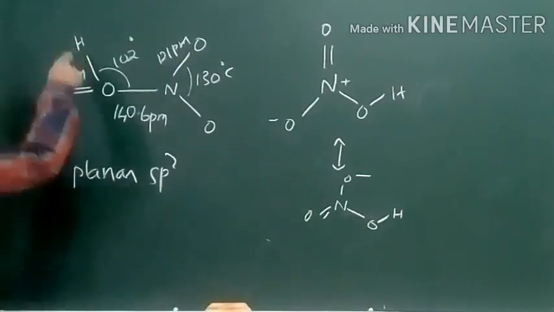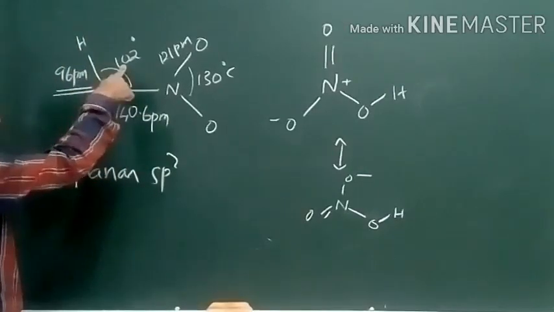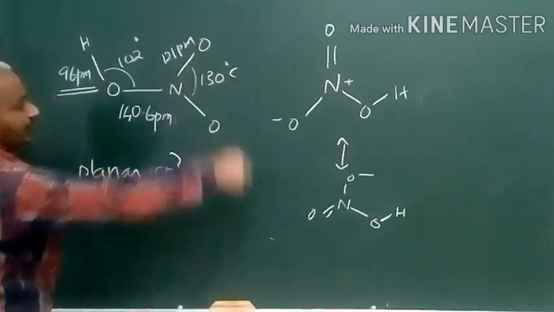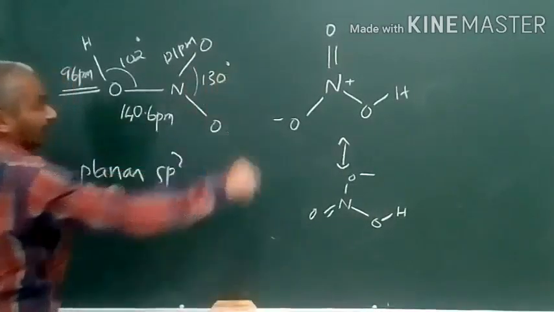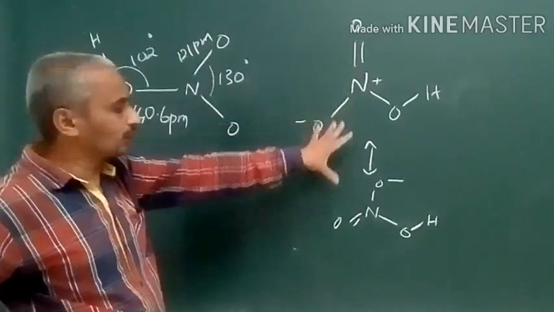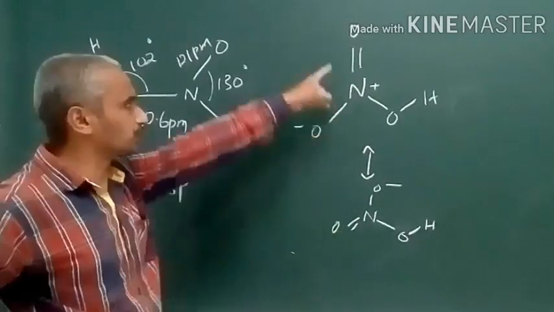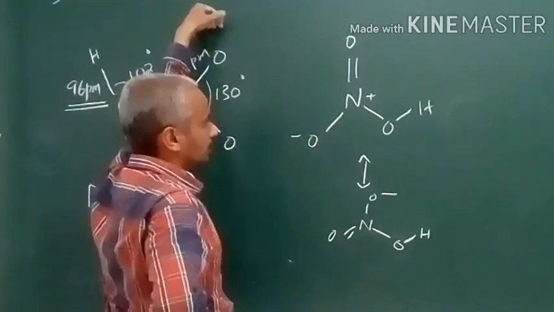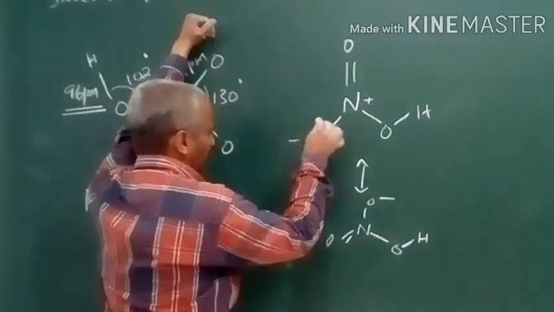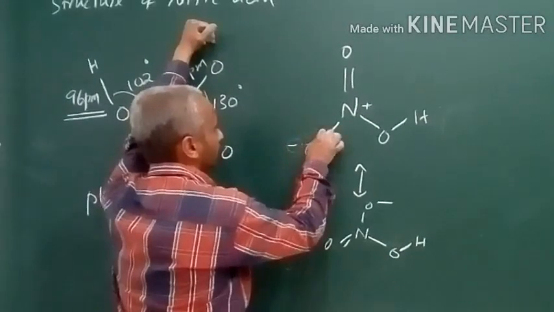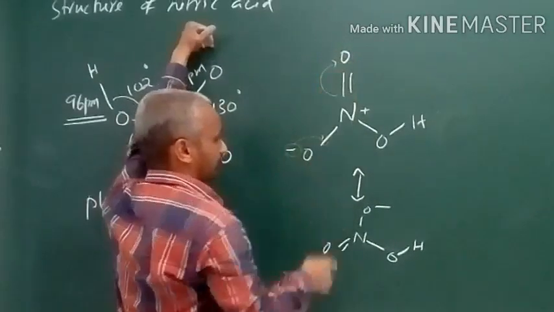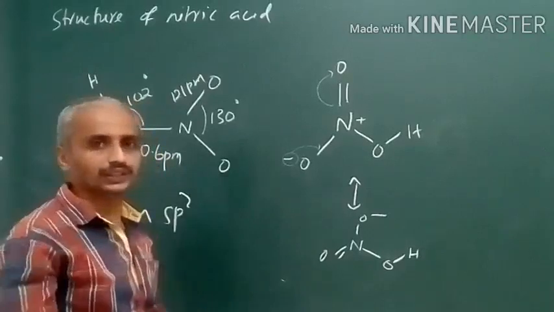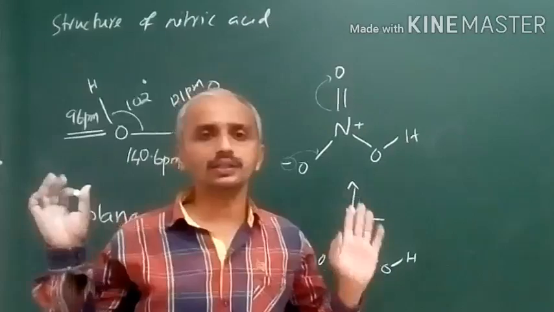The HON bond angle is 102, whereas the ONO bond angle is 130 degrees, not Celsius, 130 degree. HNO3 exists with resonance forms also. These are the two resonance forms. If this shifts here, then this will shift here, and this structure will be there. So resonance structures are possible for nitric acid.